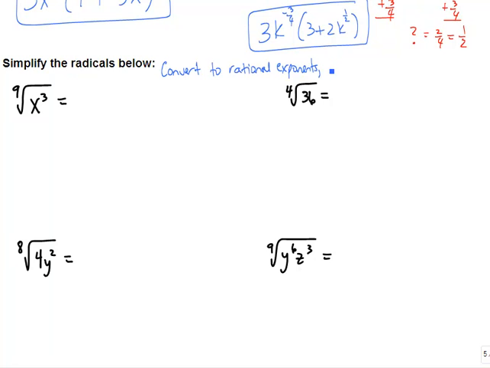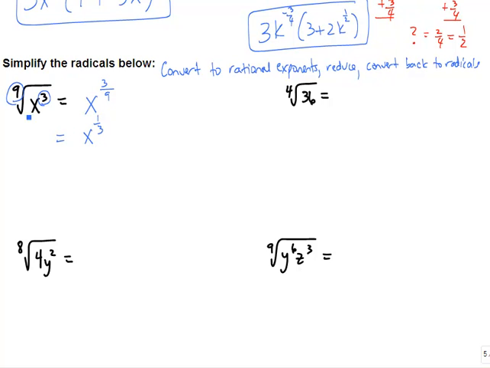Then we're going to reduce, and then we're going to convert back to radicals. So for example, if I have the 9th root of x cubed, remember how we write this as a fractional power. The base is x, the fraction denominator is the index, so we want a 9 in the bottom. The power on the inside is your numerator. So x to the 3/9 can be reduced because 3/9 reduces to 1/3.